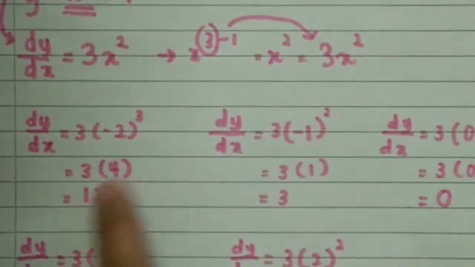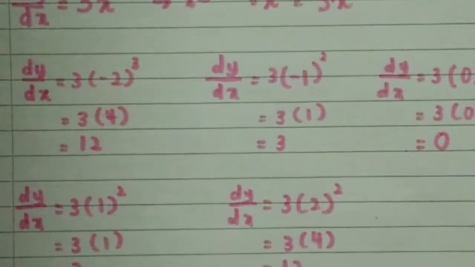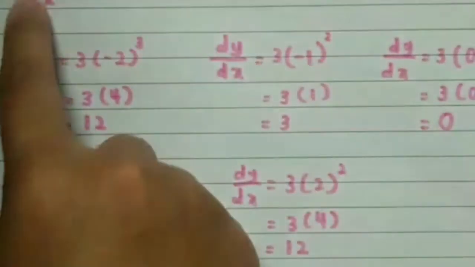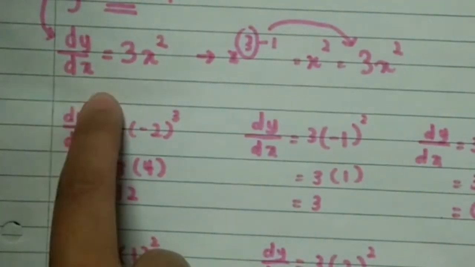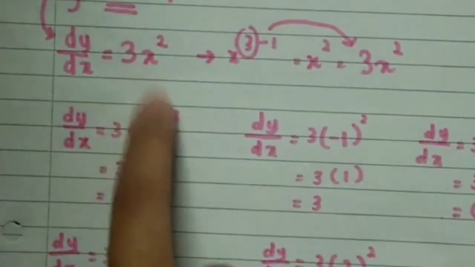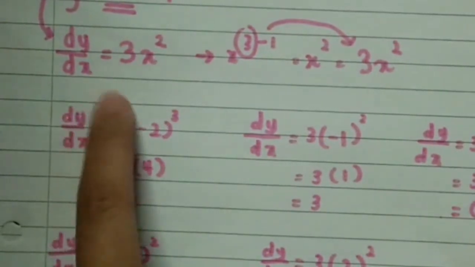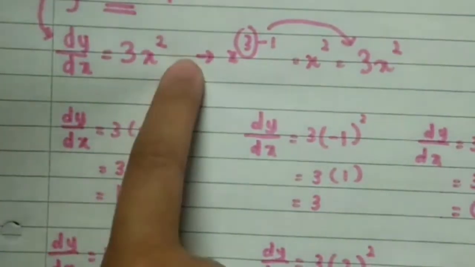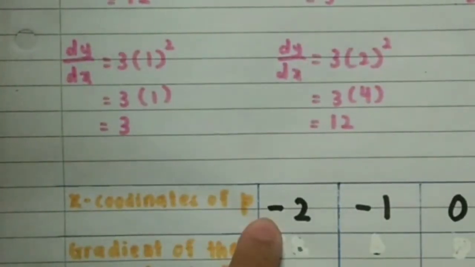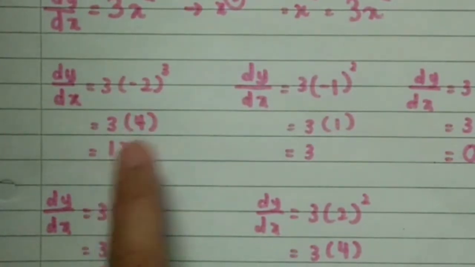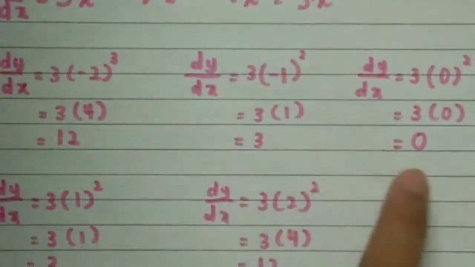And you repeat the same steps for all the x coordinates of P using dy over dx equals 3x squared, substituting the x coordinate of P into x. The answers are 12, 3, 0, 3 and 12.